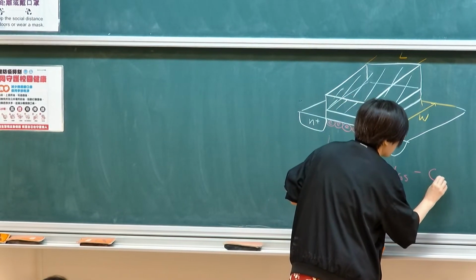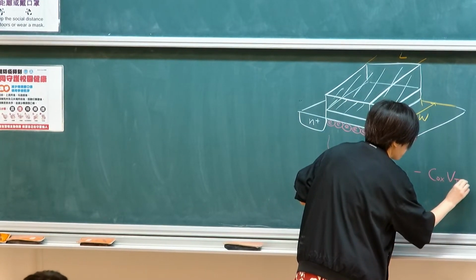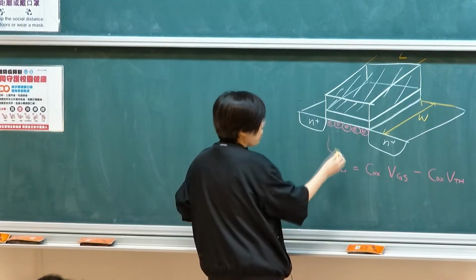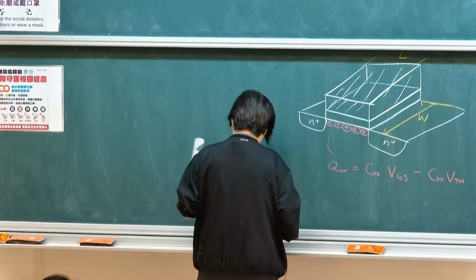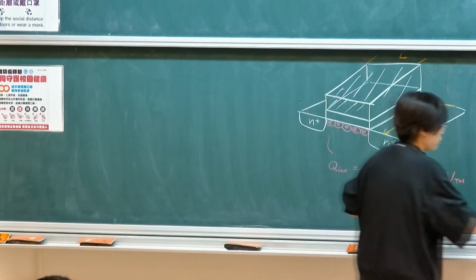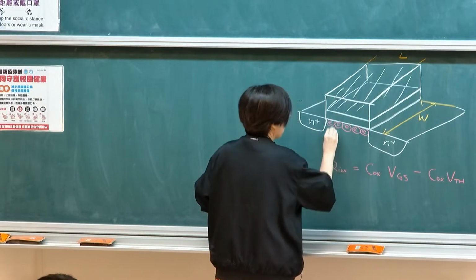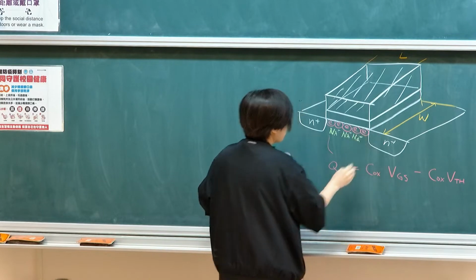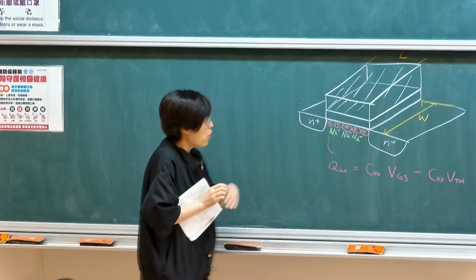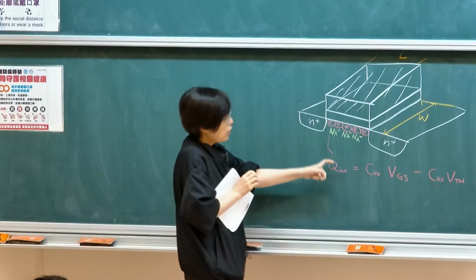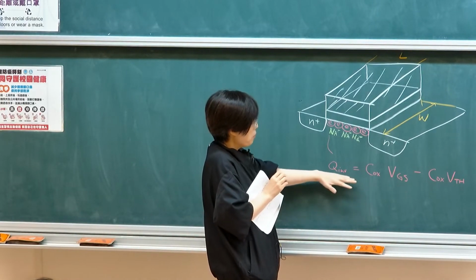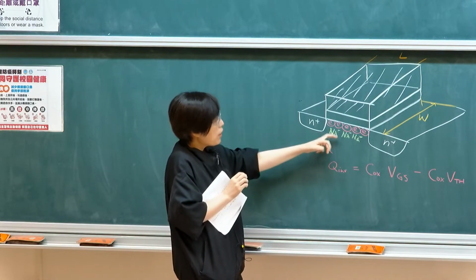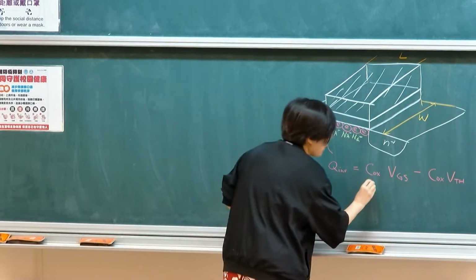Which parts are useless? This is the before threshold. There's some amount of charge. Remember, there's some depletion charge. So the total amount of negative charge, Q negative, should be constructed by this total charge.